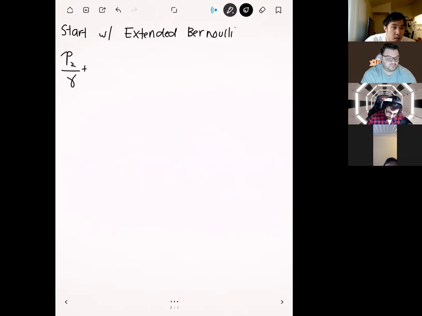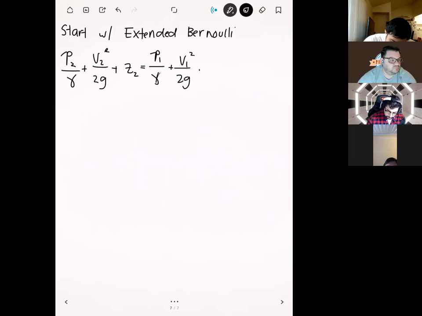So that's going to be P2 divided by gamma, which is specific weight, plus V2 squared divided by 2g, plus Z2, and all this is equal to P1 divided by gamma plus V1 squared divided by 2g plus Z1 plus shaft head, so that's any kind of work that we're inputting, minus the head losses. And so this is our full extended Bernoulli.